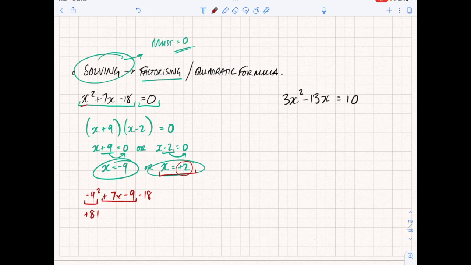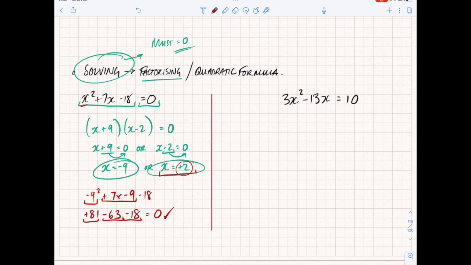Okay, so the key thing to remember here is that you're doing a positive times a negative, which means my answer is going to be negative. So you're doing 7 times 9, which is 63, but it's minus 63. And then minus 18 should give me 0. Well, 81 minus 63 gives me 18. 18 minus 18 is 0. So using 9 as well will also work. Okay, so that's basically what you're doing when you're solving.